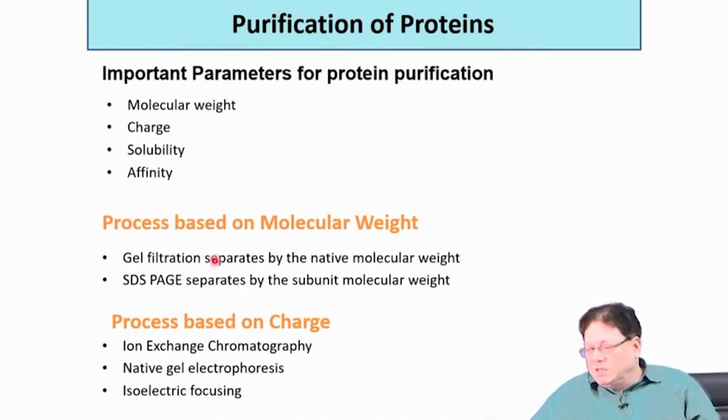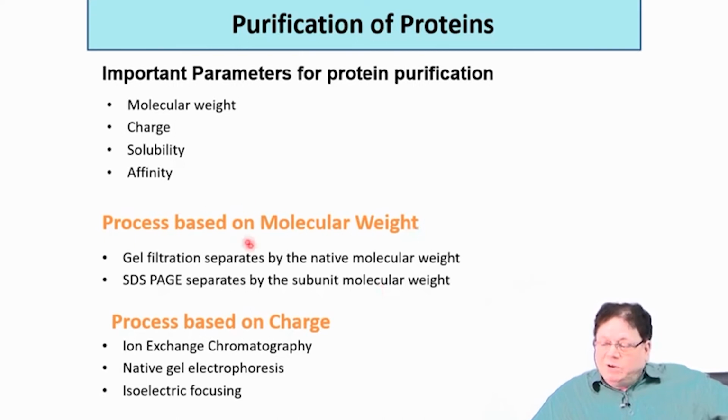Now, the processes that are based on molecular weight, that means the size of the protein: one is called gel filtration, and the other is SDS-PAGE, sodium dodecyl sulfate polyacrylamide gel electrophoresis. By these two we separate a mixture of proteins as per their size, and the size is nothing but the molecular weight.